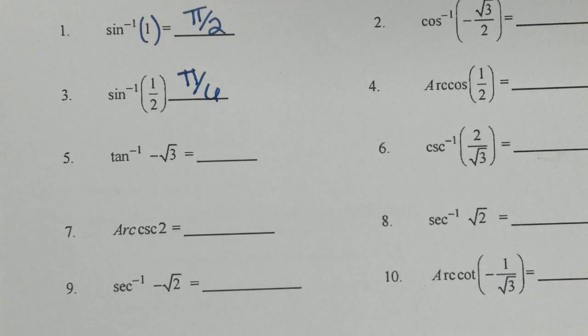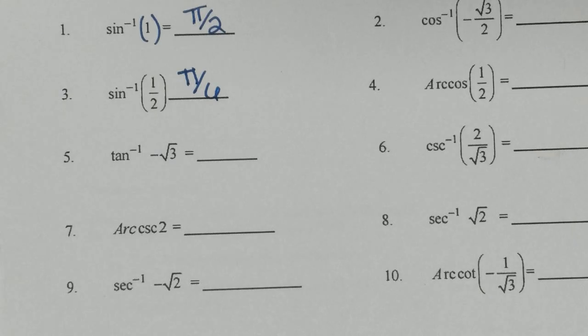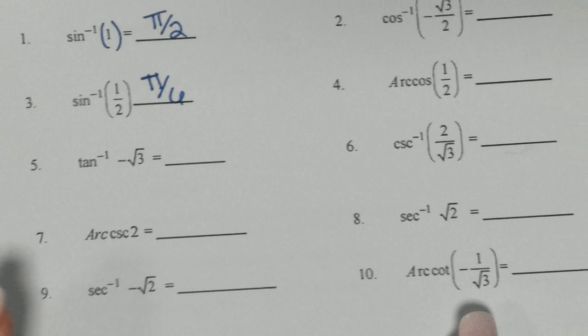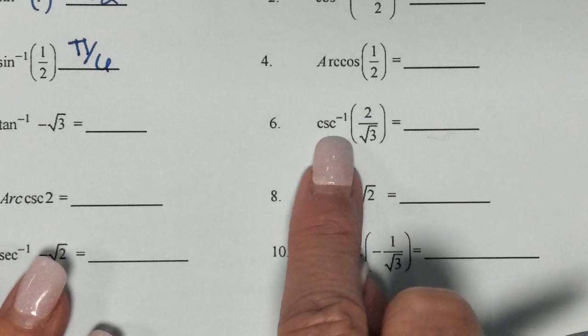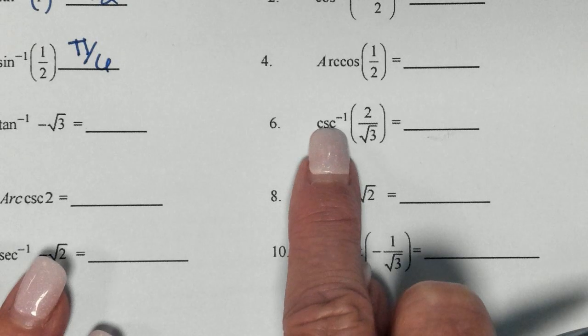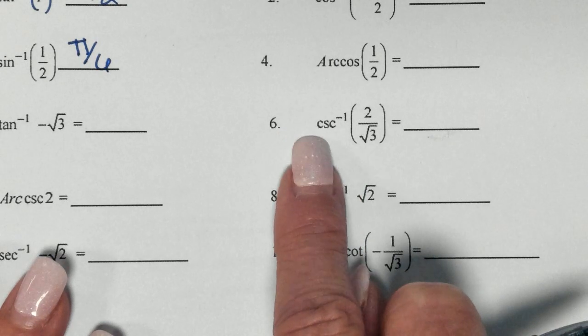Okay. What is the reciprocal of sine? Cosecant. Cosecant is the reciprocal of sine. So on number 6, we have the inverse of the cosecant right here.